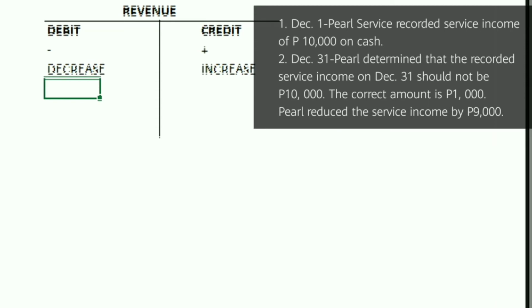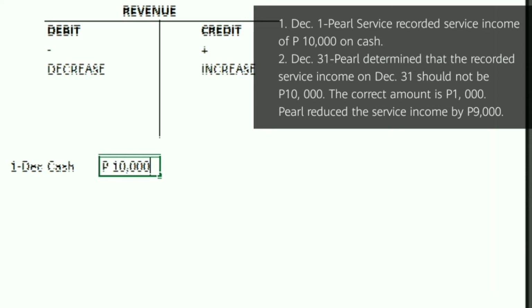On December 1, okay, Pearl Service recorded service income of 10,000 on cash. Ano yung na-receive natin? Or ano yung value receive natin na kung saan may benefit tayo? Diba? Ang sinabi dito is cash. So, meron tayong debit side na cash na 10,000 pesos. Ano yung value parted with? Para magkaroon tayo ng cash, ano yung binigay natin?